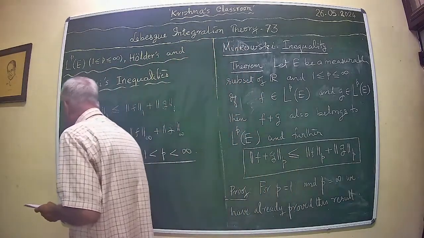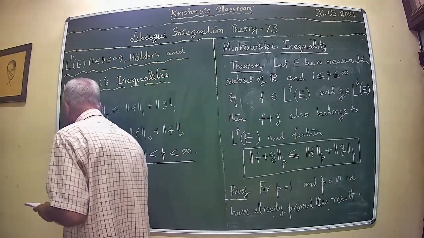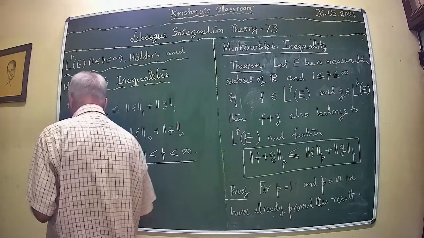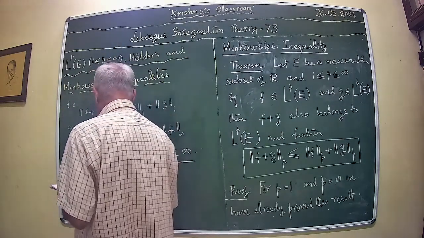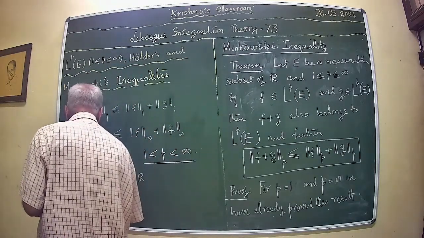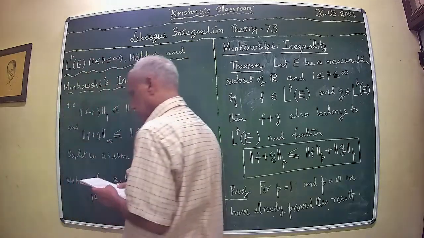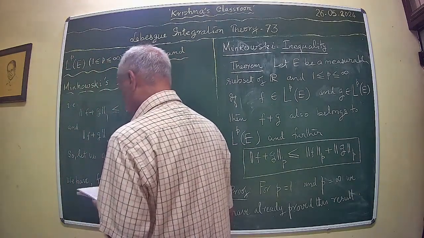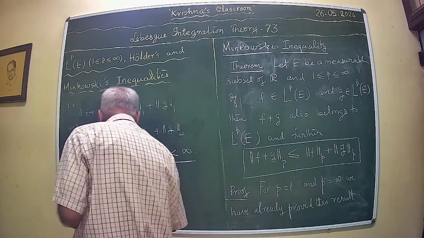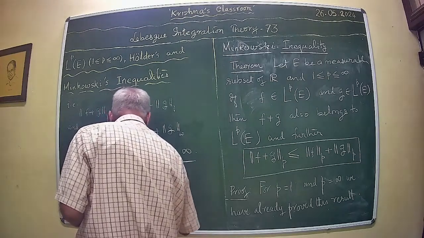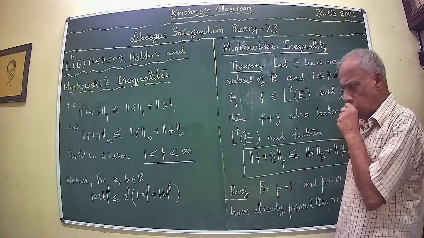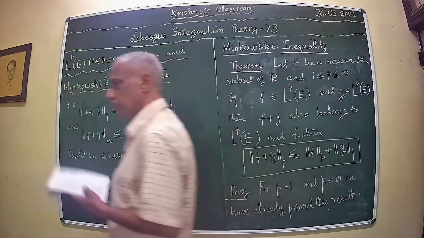We have the inequality: for A comma B, mod A plus B to power P is less than or equal to 2 to the power P, and now this we have to prove for these two numbers.